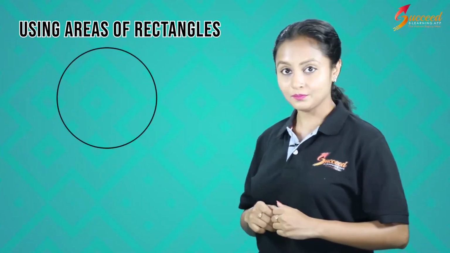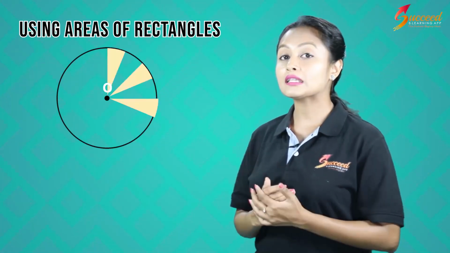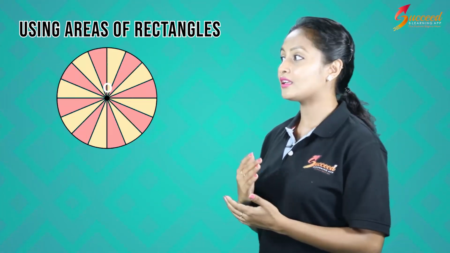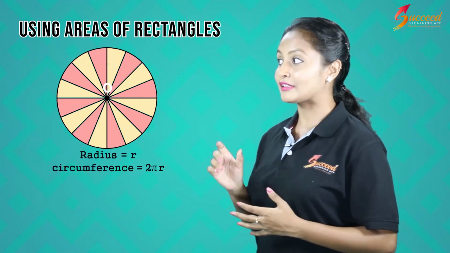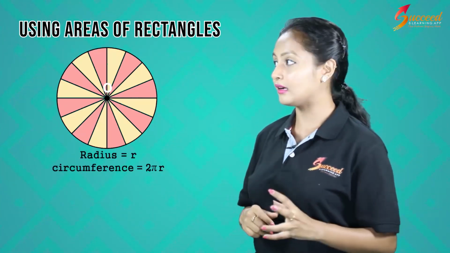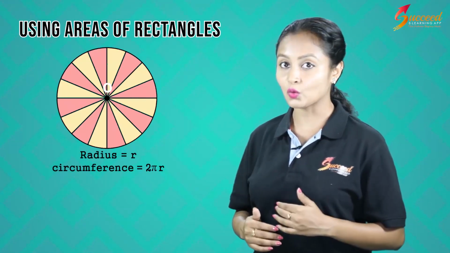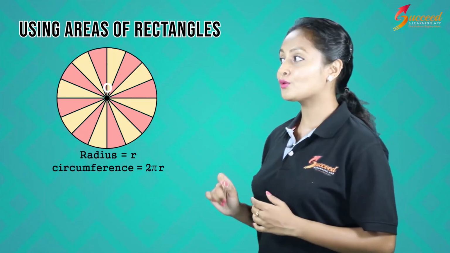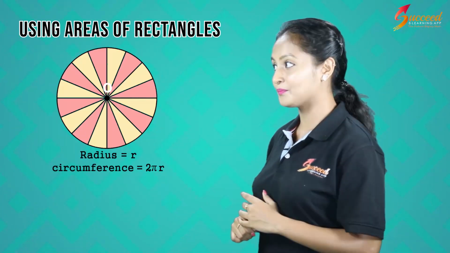Consider a circle with a point O at the center. Now cut this circle into 16 equal sectors. If you see here, the radius is denoted by r and the circumference of a circle, as we have already known, is equal to 2 pi r.